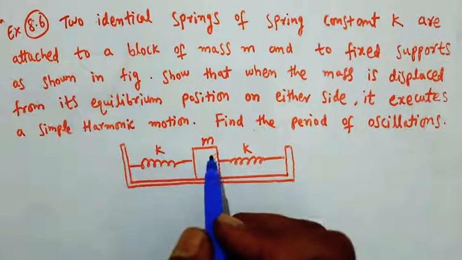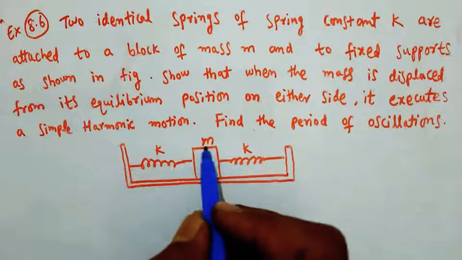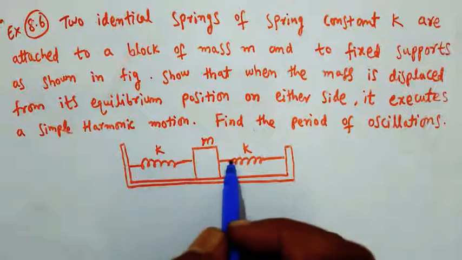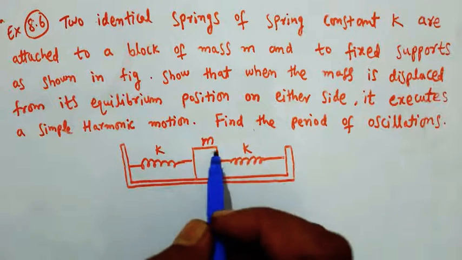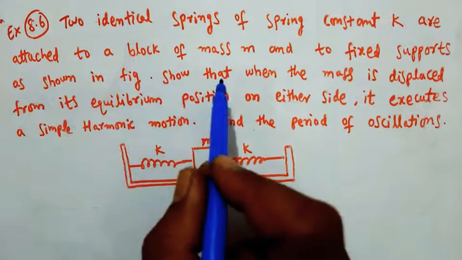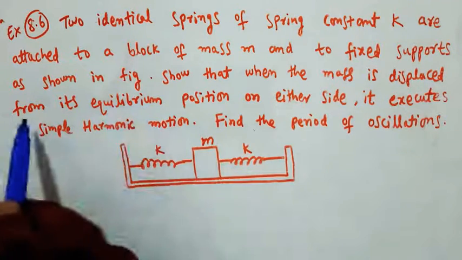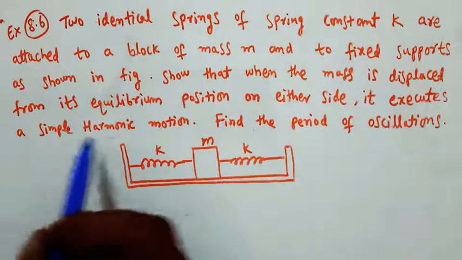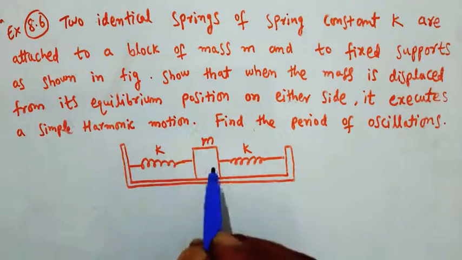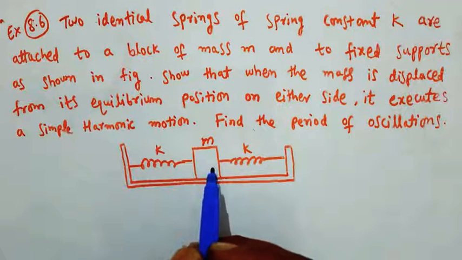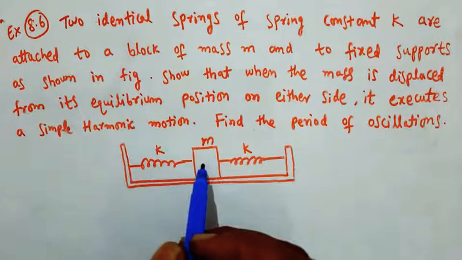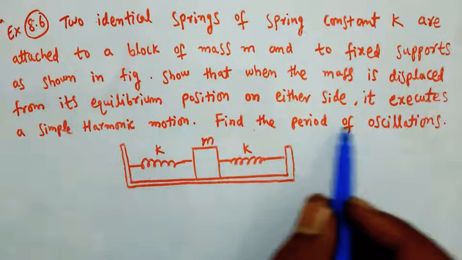So here a block of mass M is attached to identical springs of spring constant K. Show that when the mass is displaced from its equilibrium position on either side, it executes simple harmonic motion, and also find the period of oscillation.